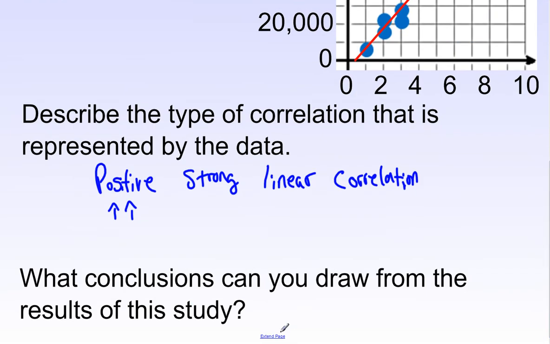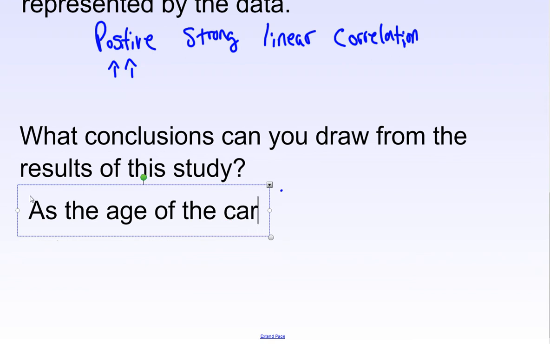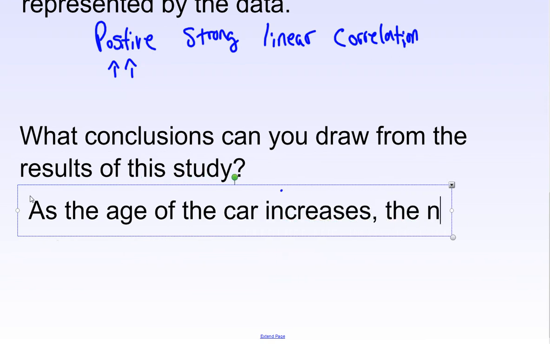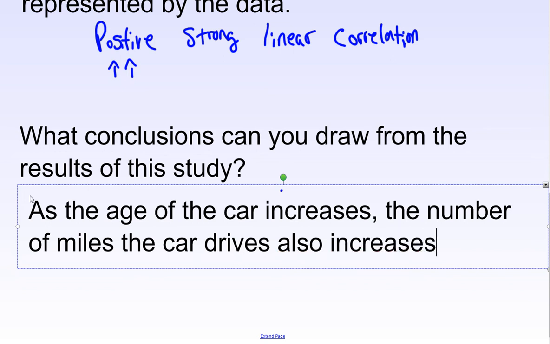What conclusions can you draw from the study? I'm going to type it, I think. As the age of the car increases, the number of miles the car drives also increases.